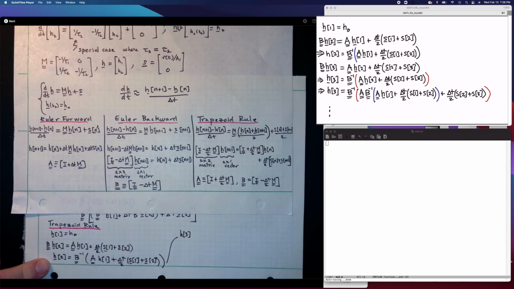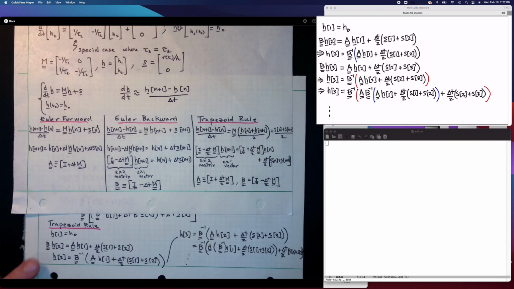H3 is going to be B inverse of A times H2 plus delta T over 2 S2 plus S3. And if we want, we can substitute back in what H2 was.